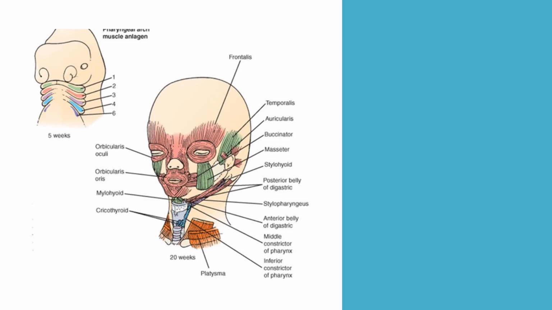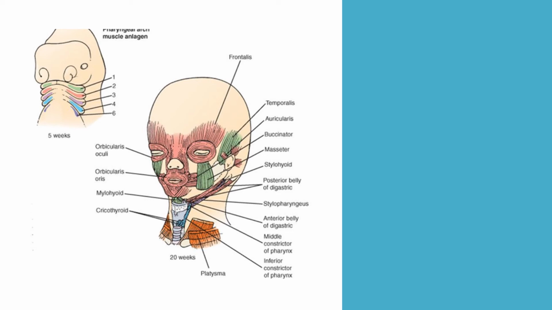And from the second arch, other than the facial expression muscles, there are the posterior belly of digastric, stylohyoid, the auricular muscle, platysma, and epicranius. So these are also some of the muscles derived from the second arch, and they are supplied by the facial nerve.